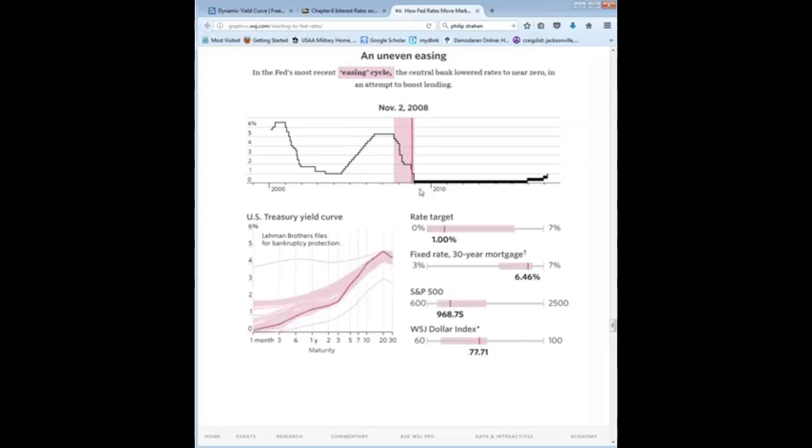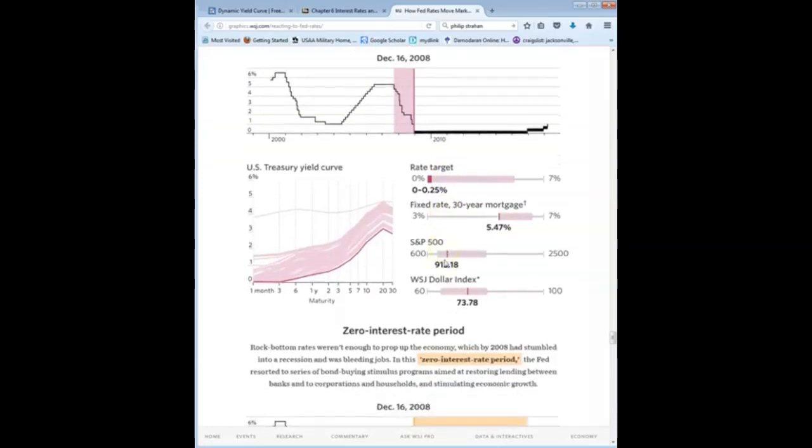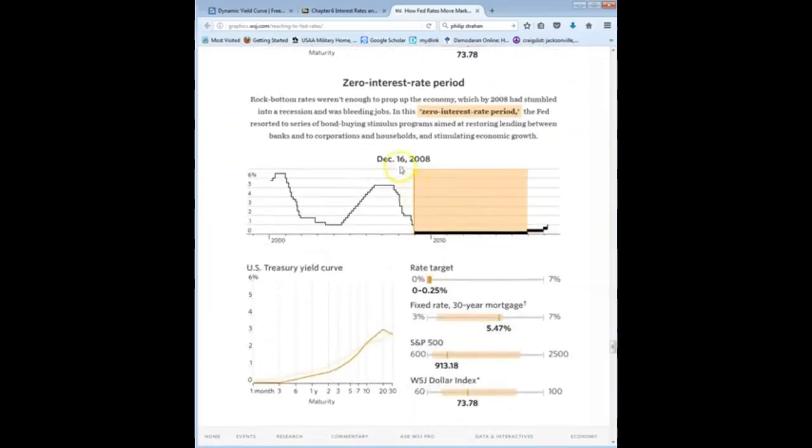You might recall that in fall of 2008, January, February 2009, that was kind of the bottom. And then the Federal Reserve took very dramatic policy, and they cut the rates to about 0. And then we will also have our zero rate period with zero interest rates.